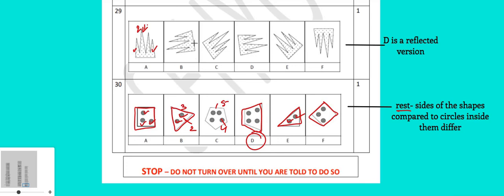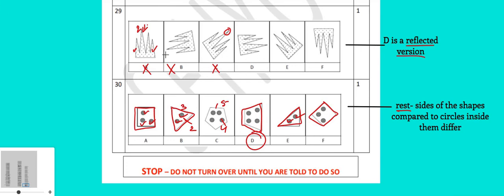Let us see in B, it is the same, the second one is the tallest. So A and B, we can strike off. In C, here too, the second one again is the tallest. But in D, it is the reflected version. Why?